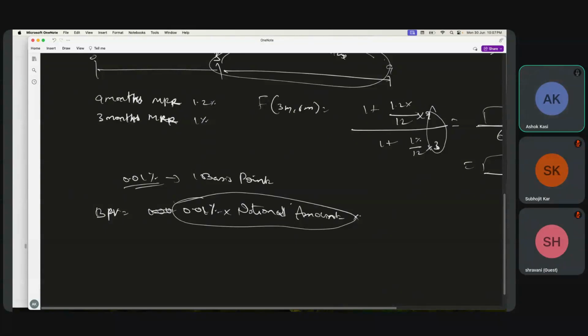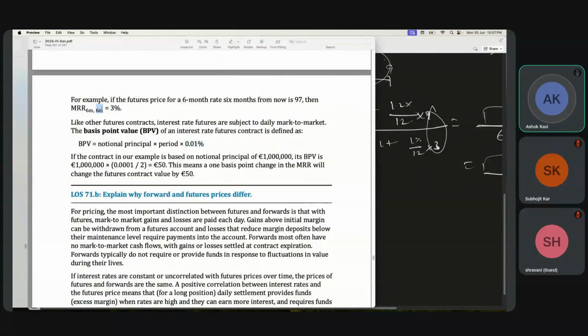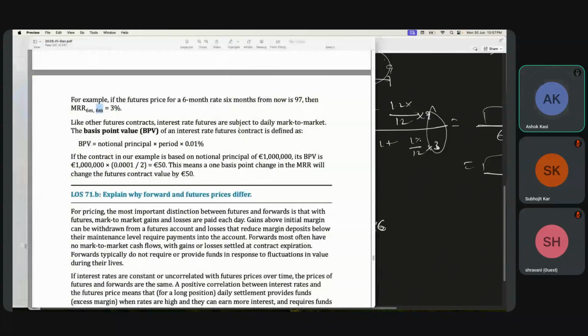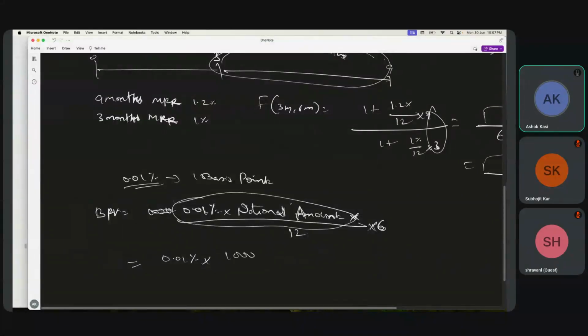Notional amount into, this is for proportionately. Let's say we are into the contract for 6 months, so this is for 12 months into 6. Okay, like here 0.01 percentage into notional amount, which is $1 million, divided by 12 into 6. Just calculate this.